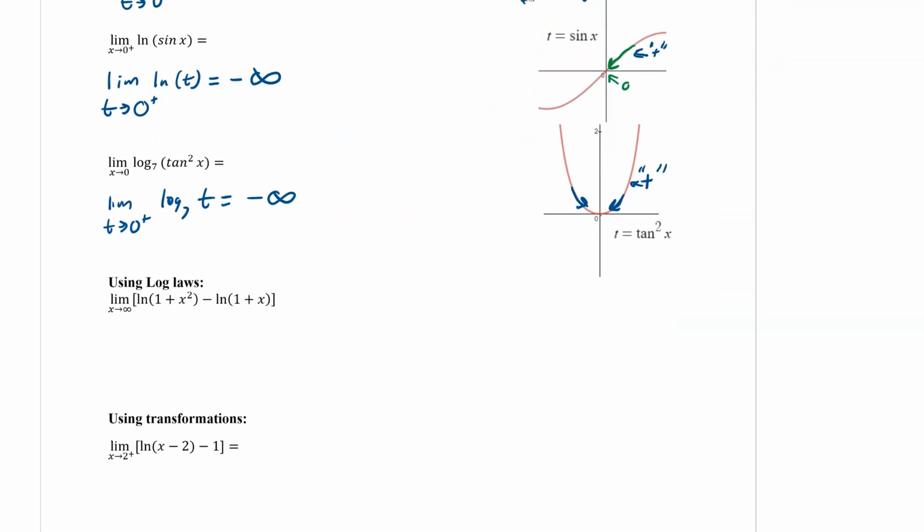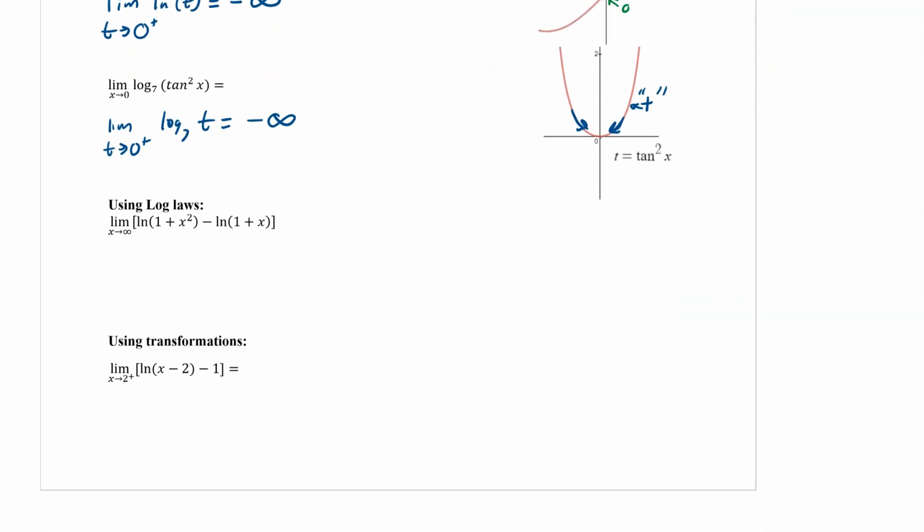Okay, we can also use our limit laws, our log laws. So if we have a natural log and a natural log, same base, then we can rewrite it as a fraction, 1 plus x squared over 1 plus x, with the limit as x approaches infinity. Now that inside is a fraction. So we can take each of those and divide them by the denominator, which is an x.